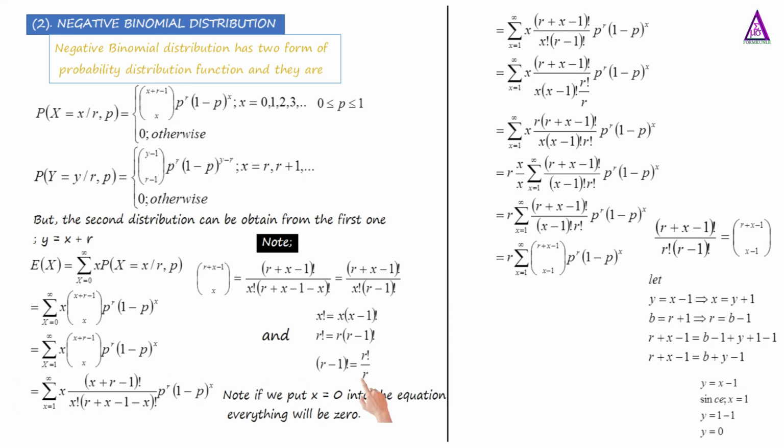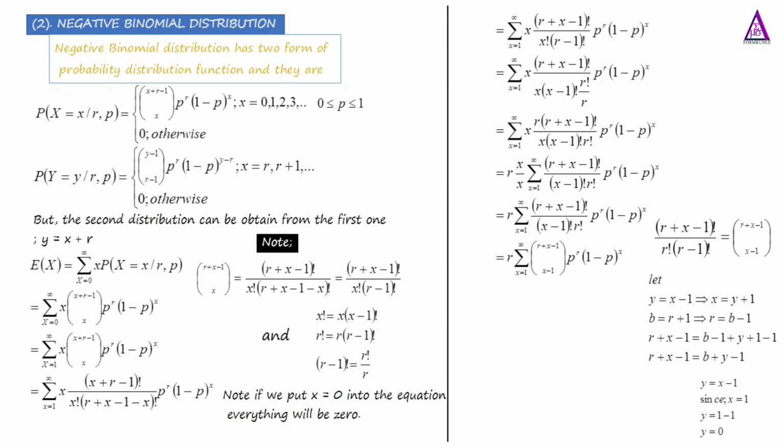If we look at this place, we say that (r - 1) factorial equals r factorial divided by r. So we substitute that into equation 6, and we substitute x factorial to be equal to x into the bracket (x - 1) factorial in equation 6 also. In equation 7, we just rewrite the r factorial divided by r.